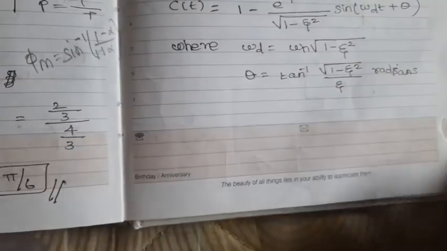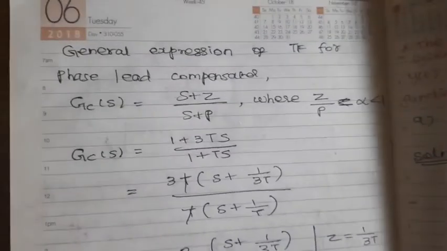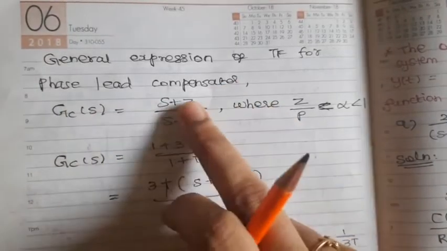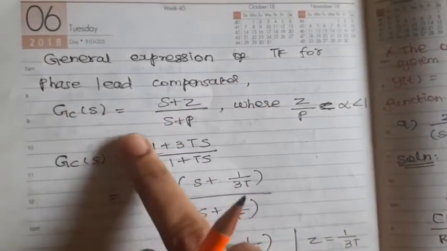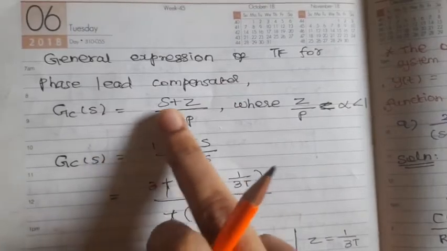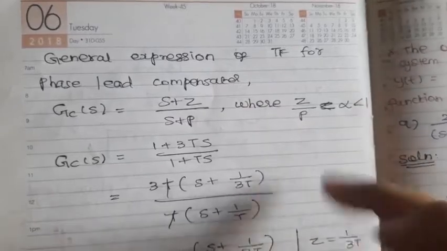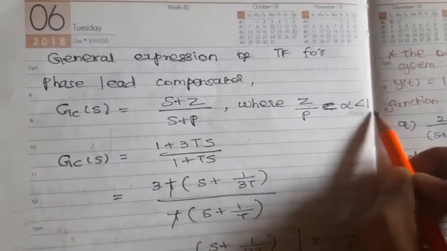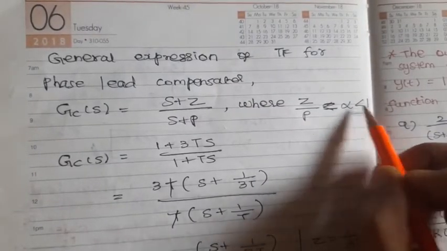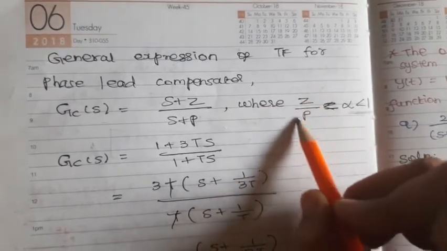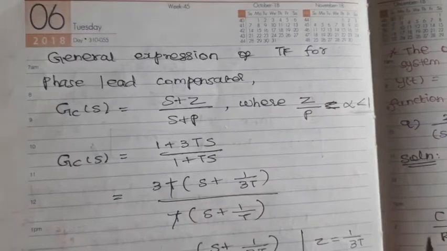Then what is the formula? The general expression of the transfer function of a phase lead compensator is Gc of s is equal to (s plus z) by (s plus p). What is alpha? Alpha is less than 1 for a lead compensator. So alpha is nothing but z by p. We need to find out the z by p value, then substitute into the formula.